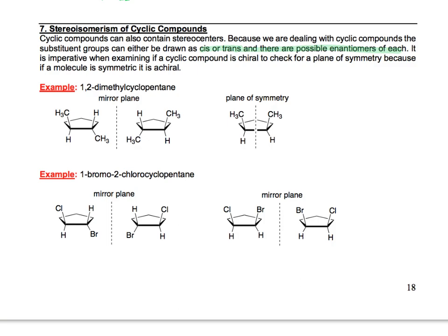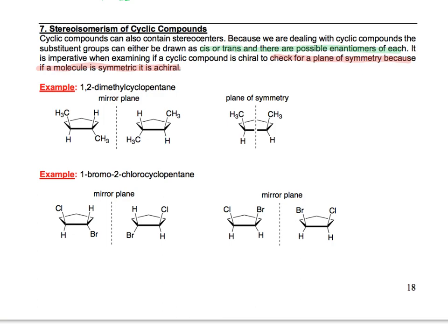It's imperative, though, when you're examining cyclic compounds, you have got to check for a plane of symmetry, because if a molecule has a plane of symmetry, it's achiral. So always look out for a plane of symmetry. Your eyes are really good at looking at symmetry, so if a molecule looks symmetric, go looking for a plane of symmetry.